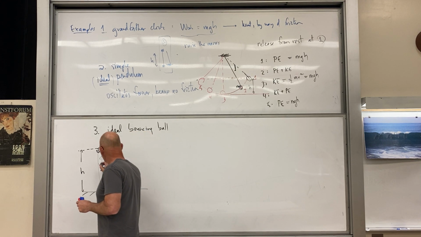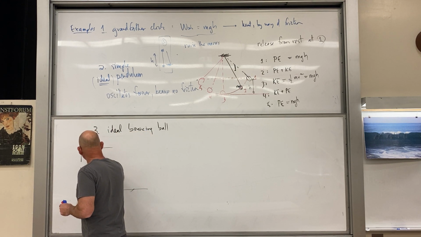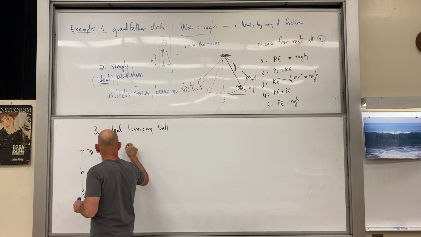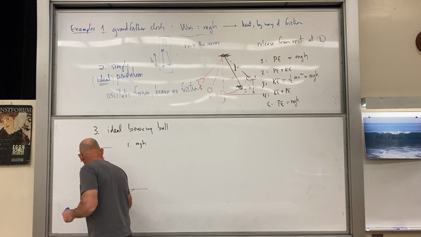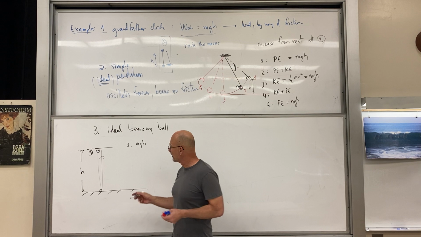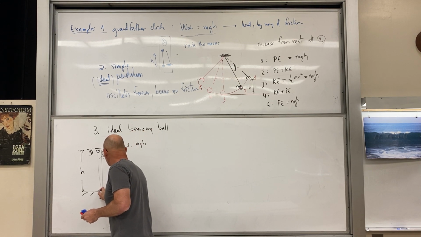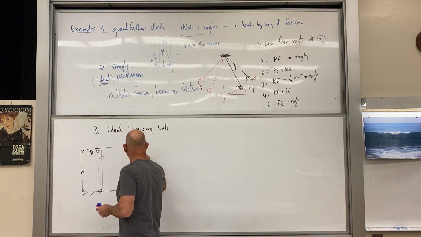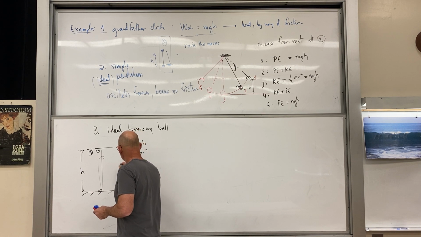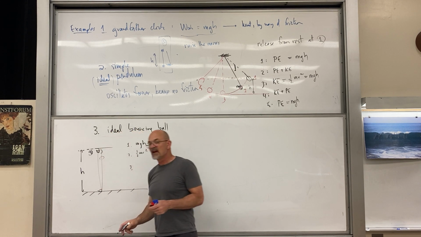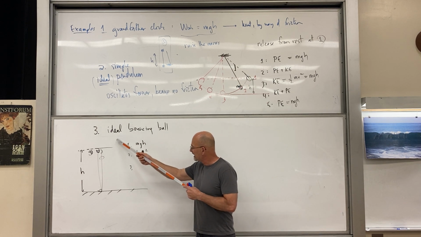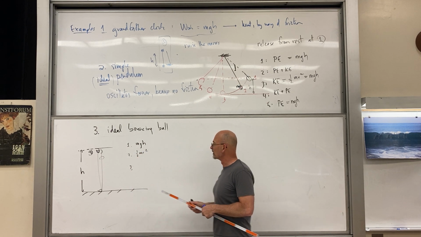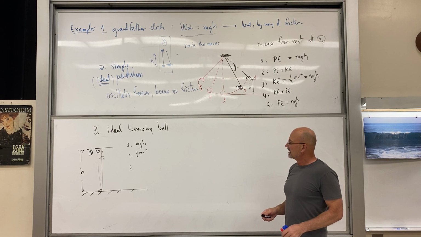The energy we have now is, here at 1, mgh. Right before impact, half mv squared. I'll name this one too. And back up to here, mgh. So that is the transformation of energy from potential to kinetic to potential back and forth.